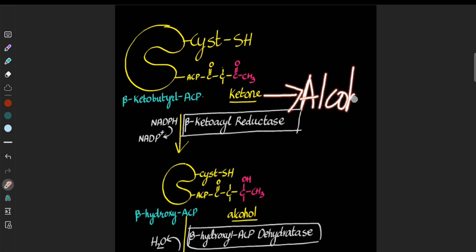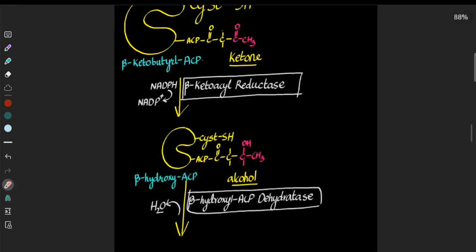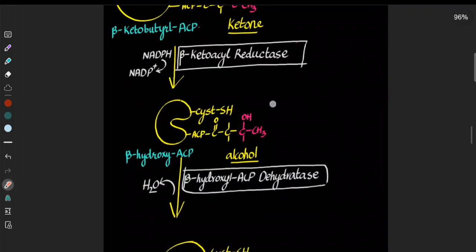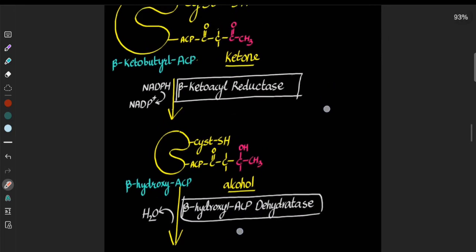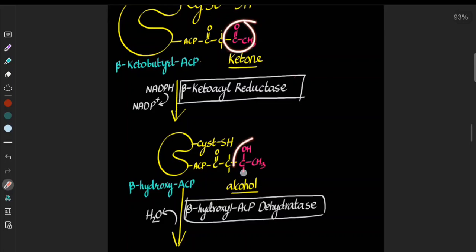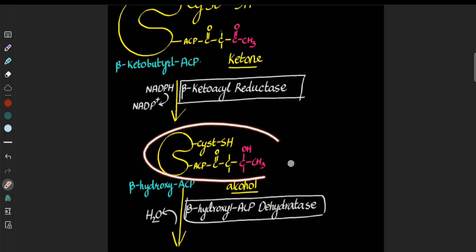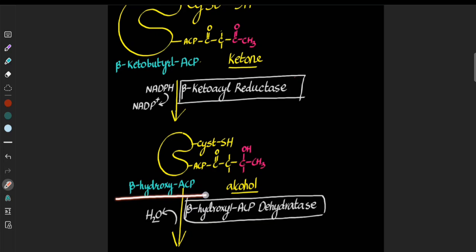Now, if you see properly over here, do you think that the ketone has been converted into alcohol? Yes, right? So now this particular compound will be known as beta hydroxy ACP, or we can also say 3 hydroxy ACP, and this is an alcohol, right?